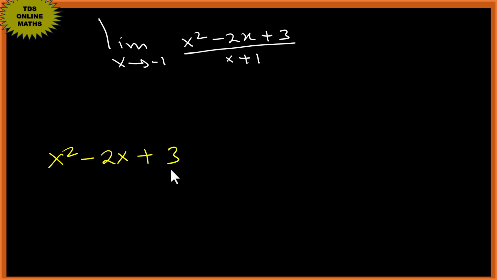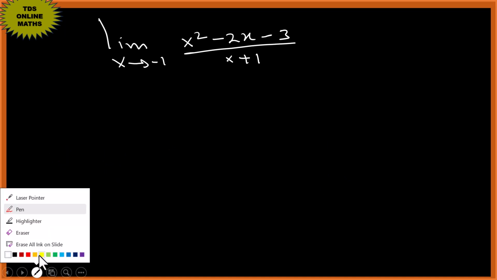We have 3 here, so let's find the factors of 3. We have to find two numbers that multiply to give us 3 but add to give us the coefficient of x. We know 3 times 1 is 3, but what is here is minus 2.